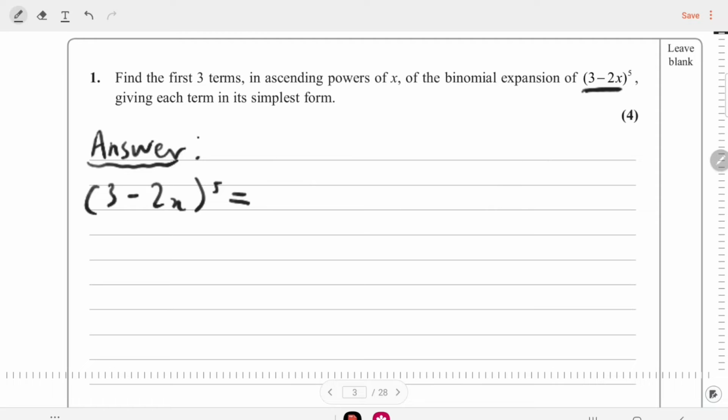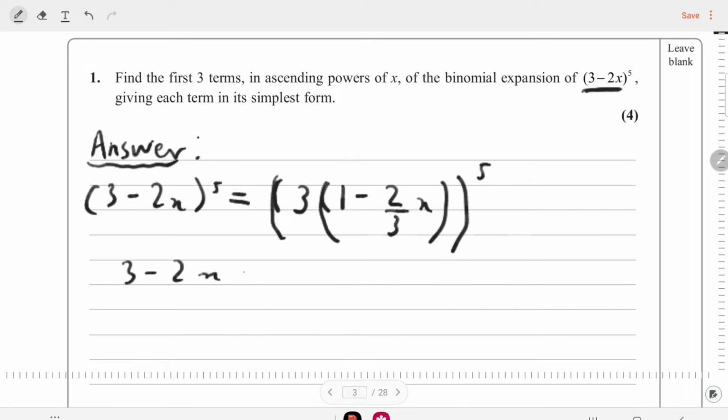To do that, inside this bracket we take the factor 3 out, so it becomes 3(1 - 2/3 x), and we close the bracket and write to the power 5. So what I've essentially done here is take the 3 common out, writing 3 - 2x as 3(1 - 2/3 x).